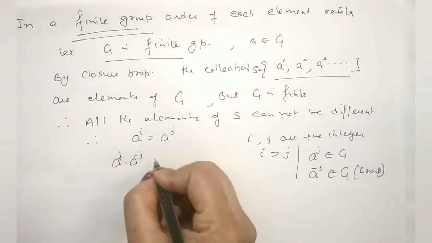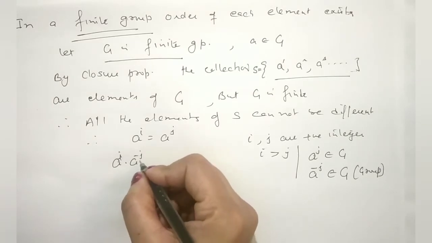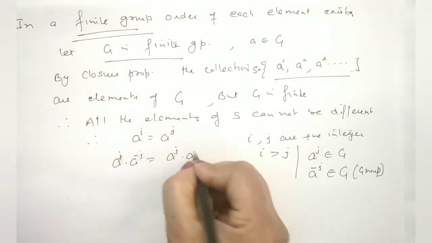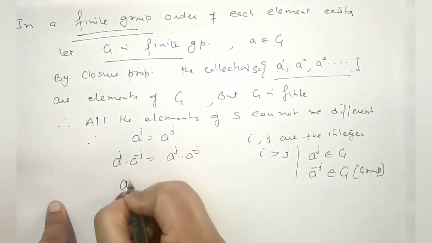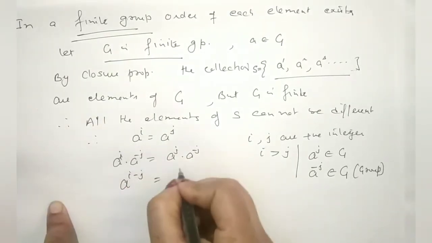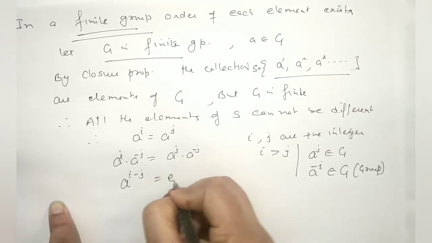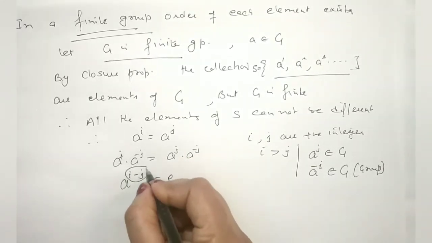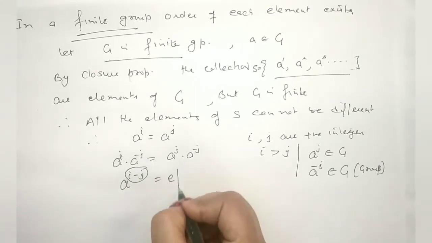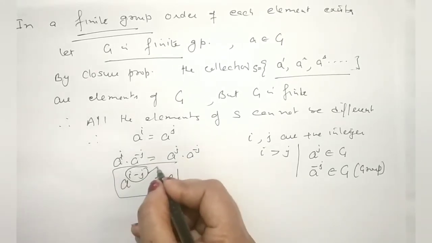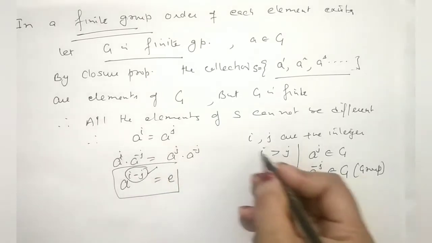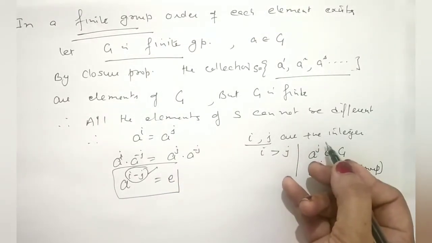So we multiply both sides by a raised to power minus j. It will give us a raised to power i minus j is equal to a raised to power 0, which is the identity. So we get some power which makes a equal to identity, which is the definition of order if this is the least element. Because difference of two integers is again an integer.